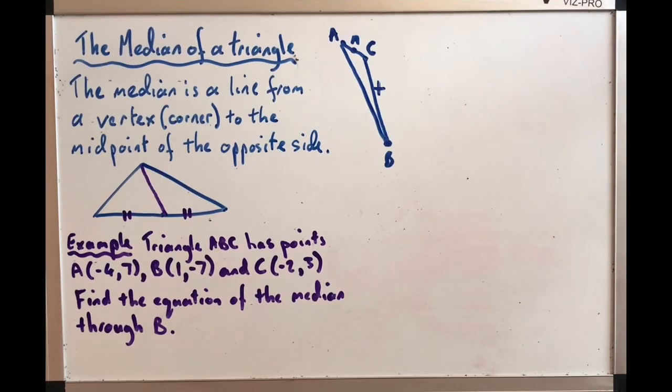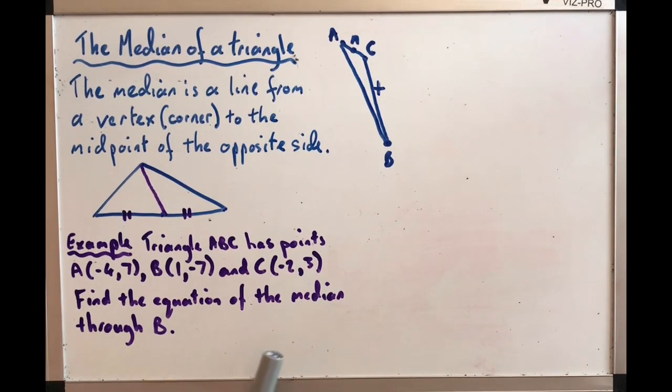Okay, the next line we're going to have a look at is the median of a triangle. The median is a line that goes from a vertex, a corner, through the midpoint of the opposite side. For example, a triangle ABC has points A(-4, 7), B(1, -7), and C(-2, 3).